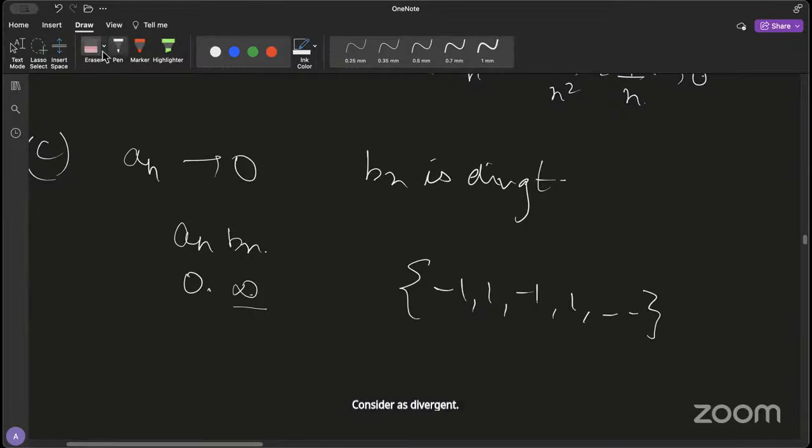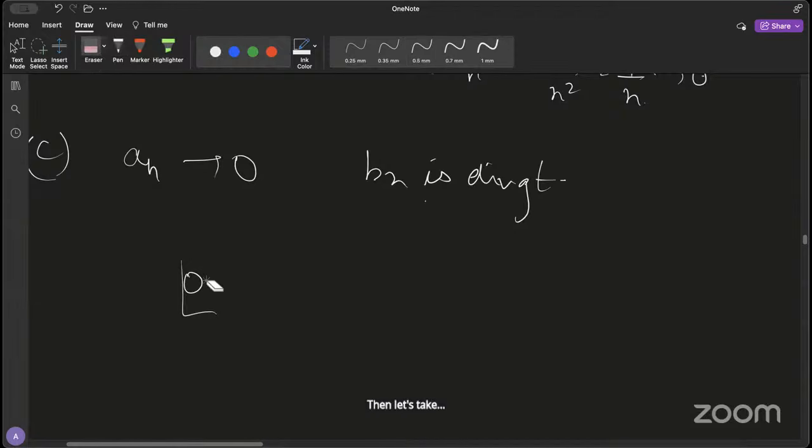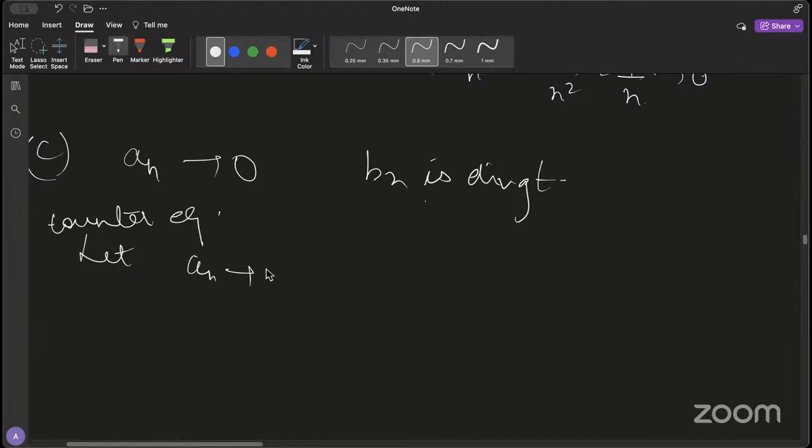So if I have an tending to 0 and bn divergent, let's take a counter example. Let an be a sequence that goes to 0.